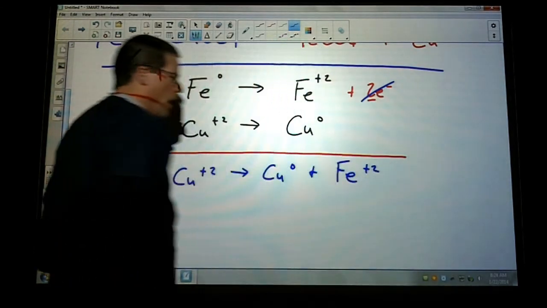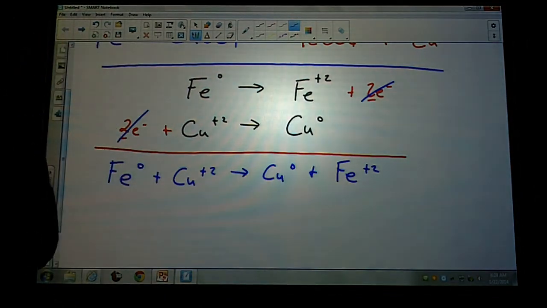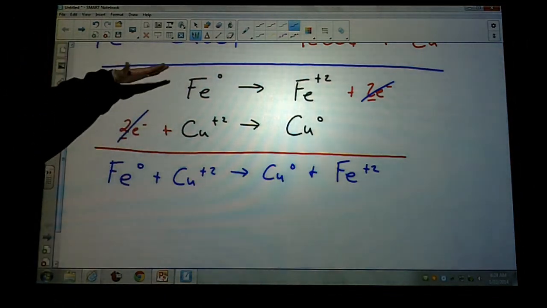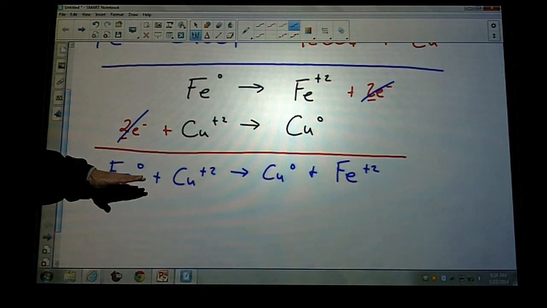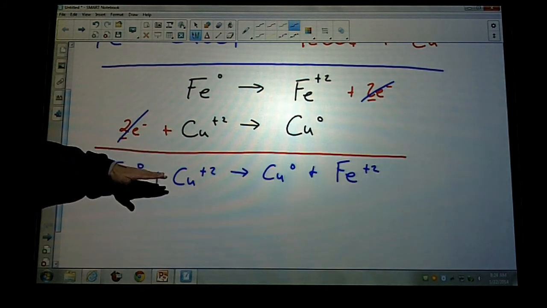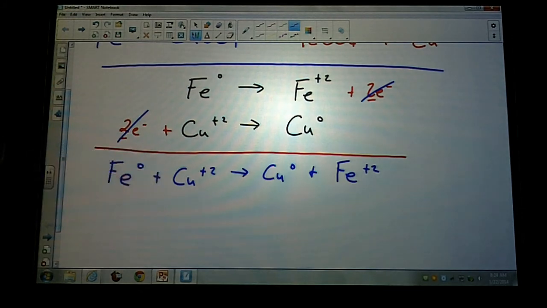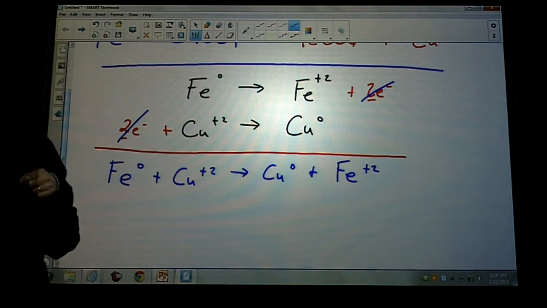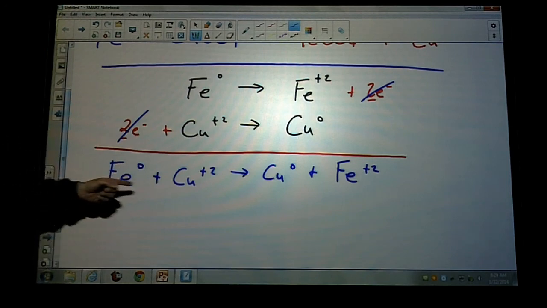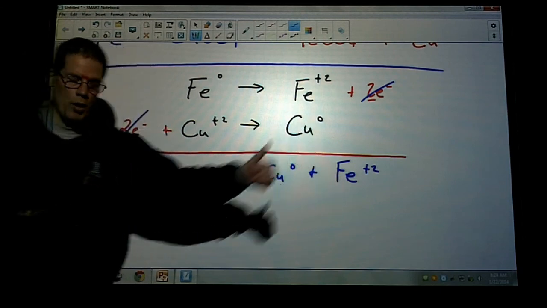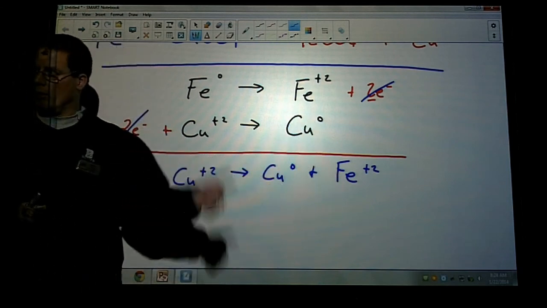Okay. And what I just did was I wrote the half reactions for each of these, and then I wrote the total reaction. This is what we would call the net redox reaction. Here's a couple things we need to check. Make sure we have the same number of atoms on both sides. I have one iron, good. One copper, good.